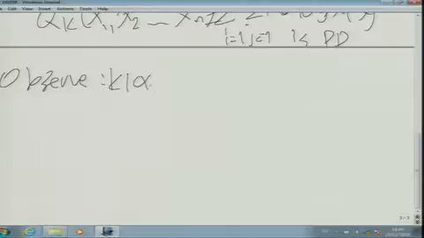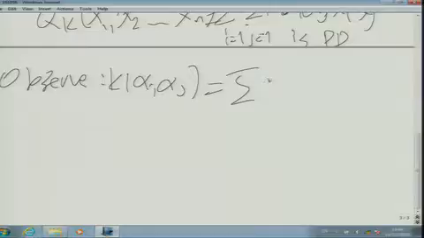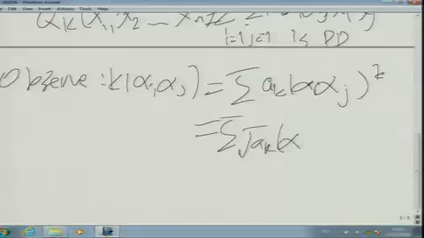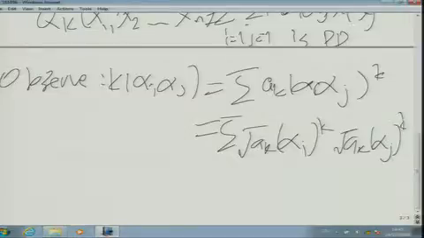And the proof first comes as we observe the function K(alpha_i alpha_j), which is the summation of a_k (alpha_i alpha_j) to the power k, and can be rewritten as the summation of root of a_k alpha_i to the power k times root of a_k alpha_j to the power k.